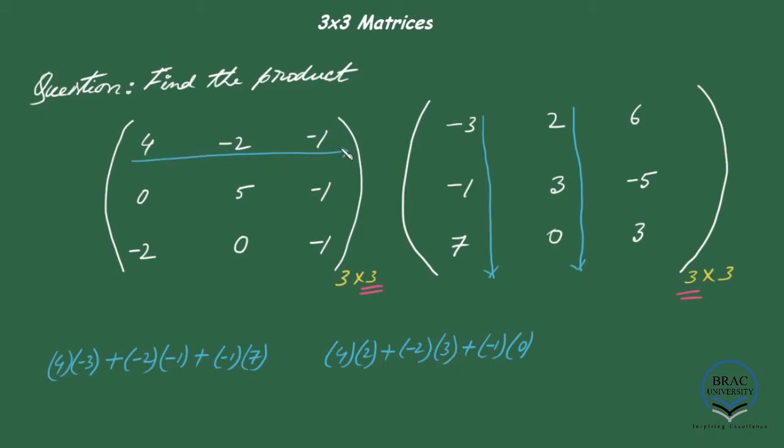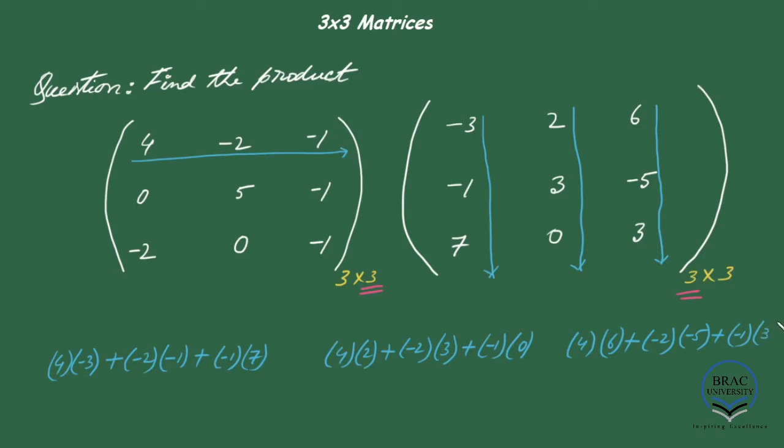Now this same selected row will hit the third column, so this is my third column, and the first entry will get multiplied with the first entry of this selected column, so we get 4 multiplied with 6, plus the second entry of this selected row, which is -2, multiplied with the second entry of this selected column, -5, and the third entry of this selected row is -1, and the third entry of this selected column is +3.